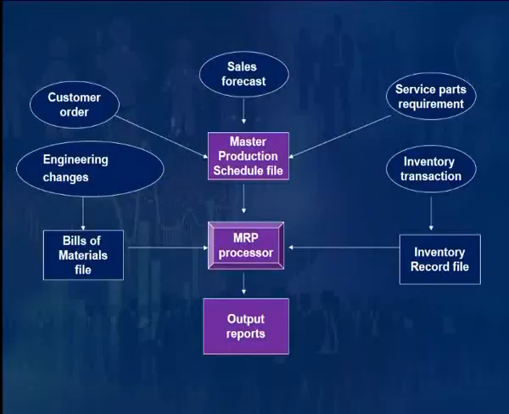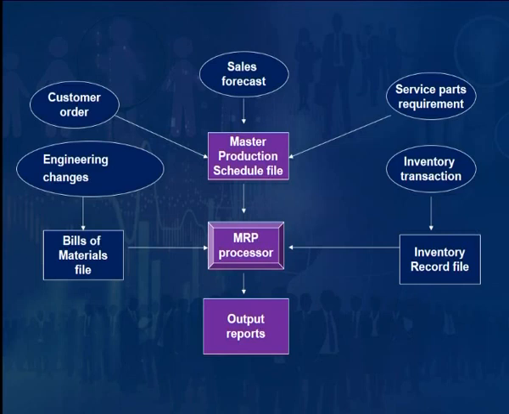You can say it's the translation of the master production schedule and other sources of demand into the requirements of all sub-assemblies, equipment, and raw materials needed to produce parent items. Now look at this slide, where we have tried to summarize the MRP systems.